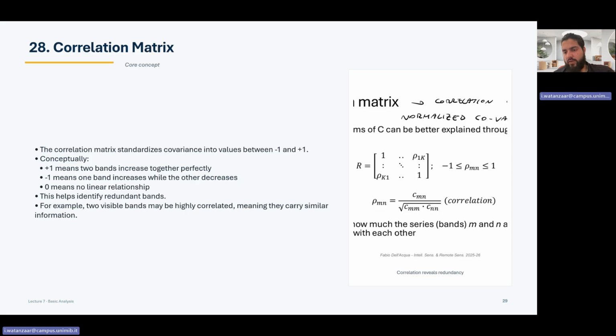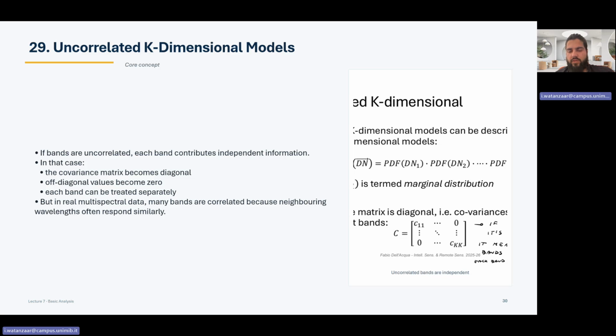We can have a negative covariance when, say, comparing the first band with the 100th band, where there is a huge wavelength difference, so one may increase while the other decreases. But a real no-linear-relationship case is rare. This is what uncorrelated data refers to.